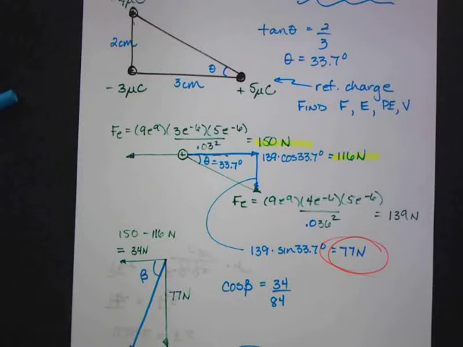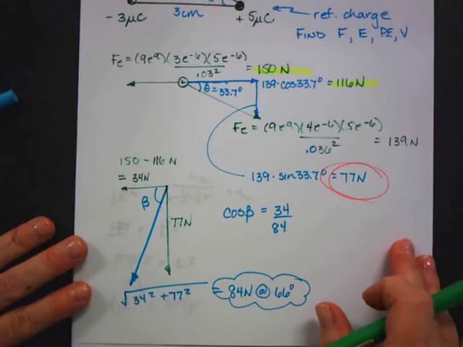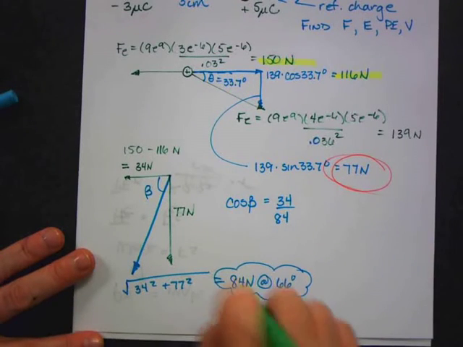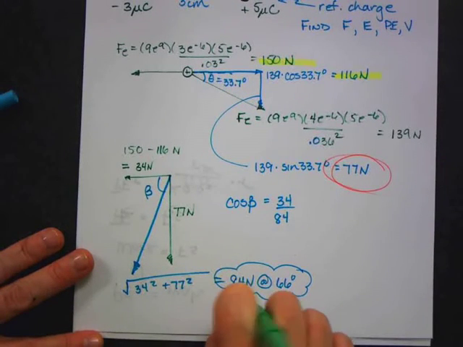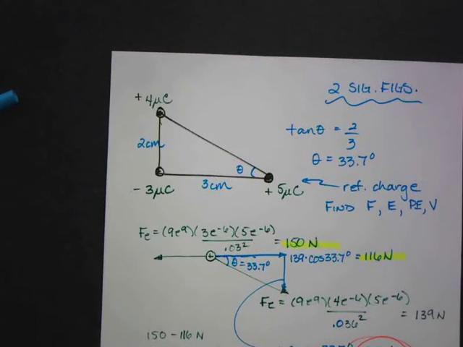If you do KQ over R squared, you have to do all this vector stuff because electric field is a vector. Electric fields point in a certain direction. So let's use the first one. If we're going to use net force divided by test charge, which one of these is the test charge?